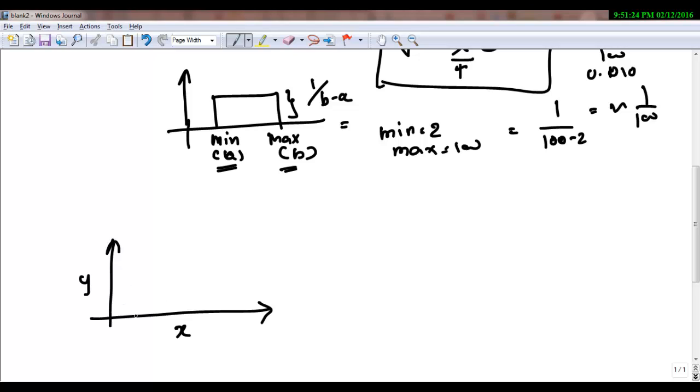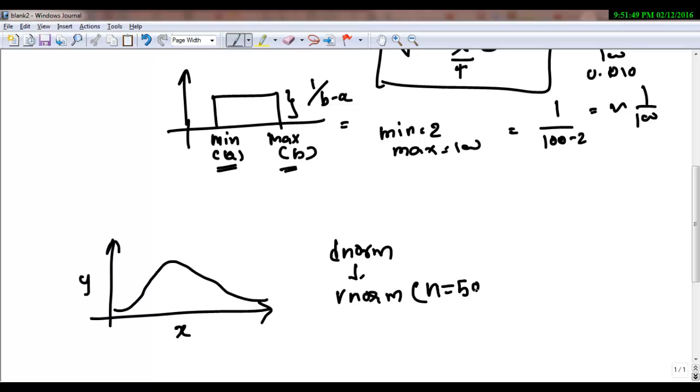But this is the x. Now I want a distribution for which, if I'm using the same parameter values, the y should be like this. So it's a normal distribution. Instead of the dnorm function, I will use rnorm, and instead of passing x, I will specify how many x values I want, and the parameters that I passed in dnorm will be the same.